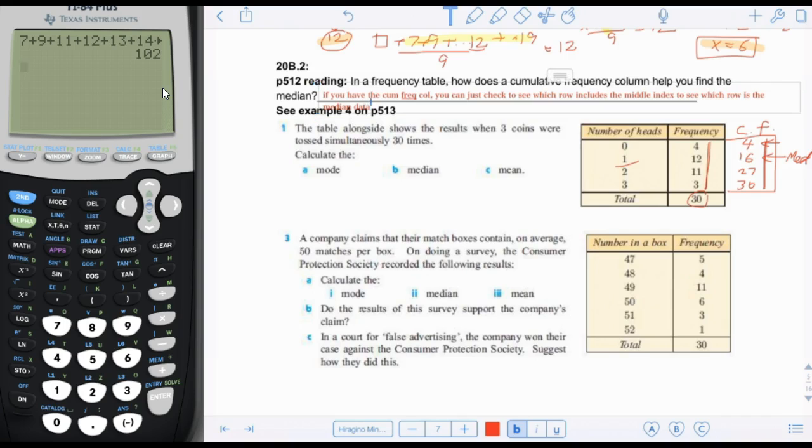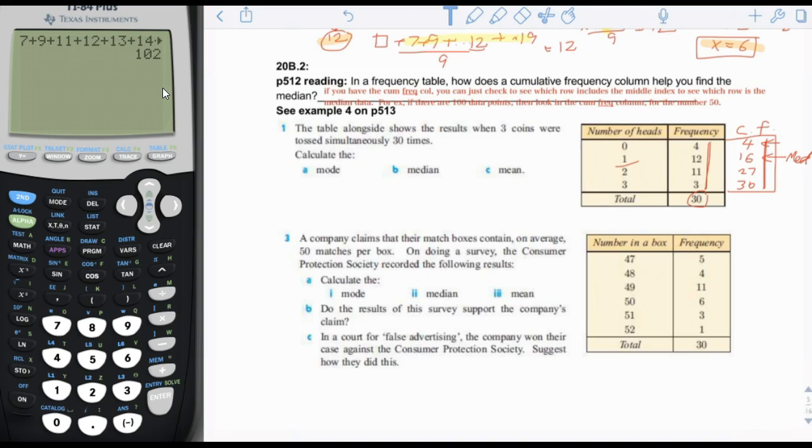Okay? For example, if there are 100 data points, then look in the cumulative frequency column for the number 50. Okay? Something like that.